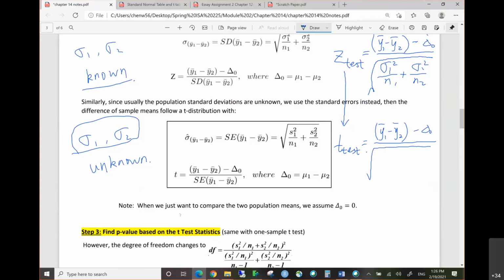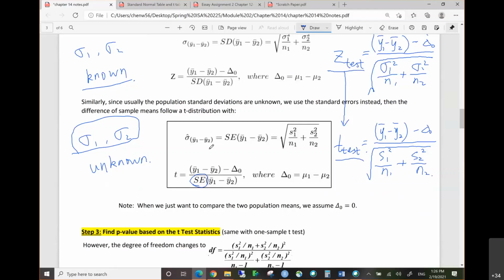So now we divide by the standard error, not the standard deviation anymore, because we don't have the population standard deviations anymore, right? So we have S1, the sample standard deviation squared over n1, plus sample standard deviation 2 squared divided by n2. Right? So in step 2, once you figure out whether to use the z-test statistic or t-test statistic, you just plug in the values into the formula so that you can calculate the test statistic.